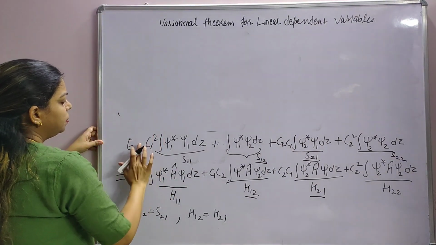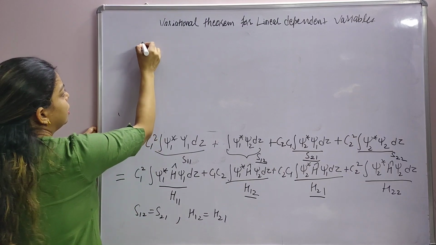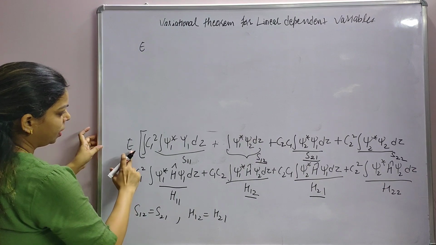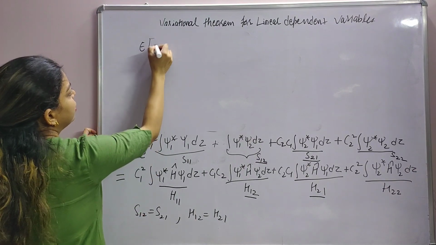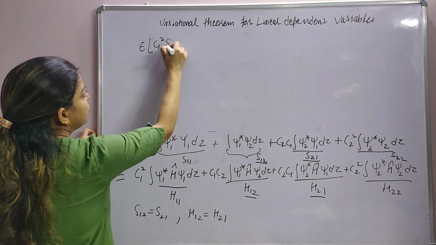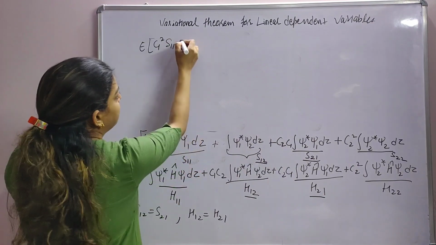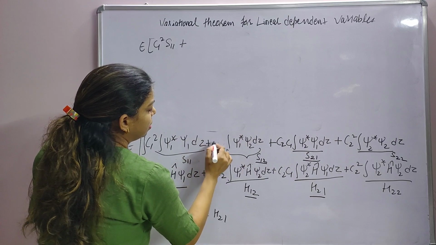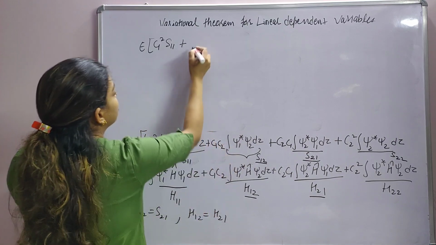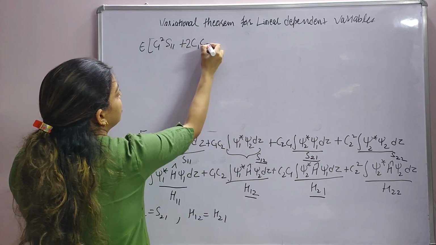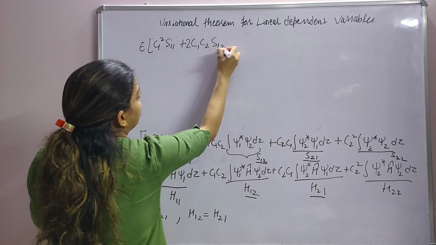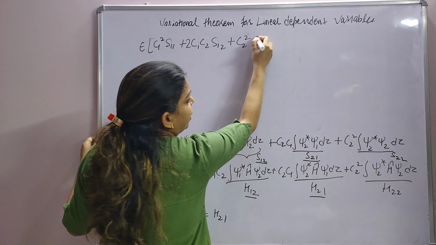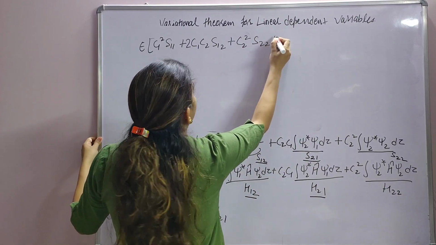I will have E times (C1 square S11 plus, if these two are the same, 2 C1 C2 S12 plus C2 square S22).